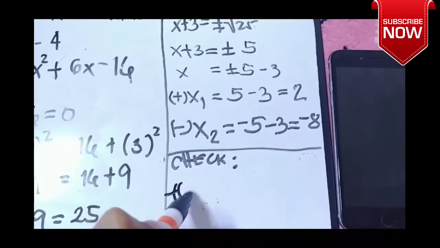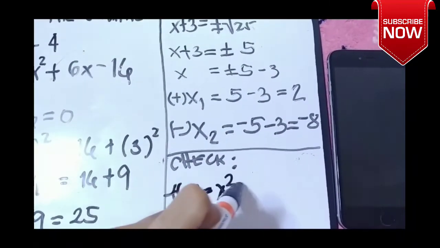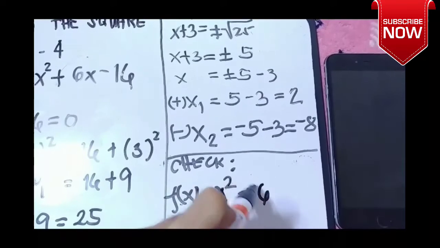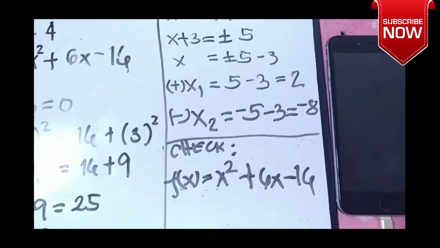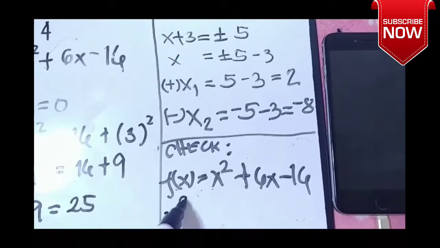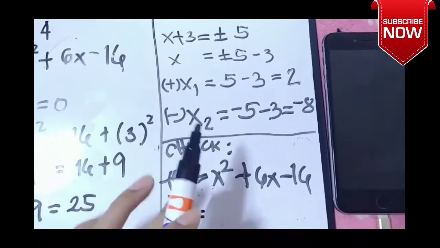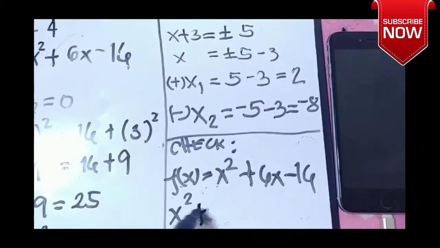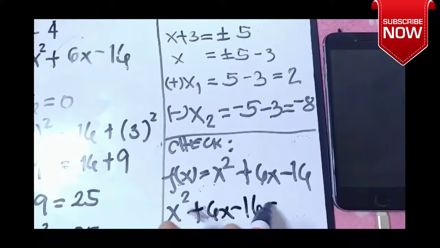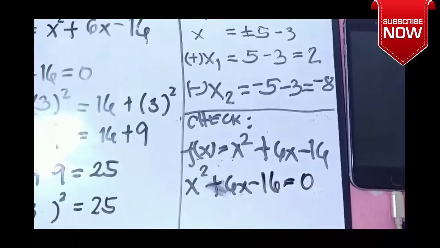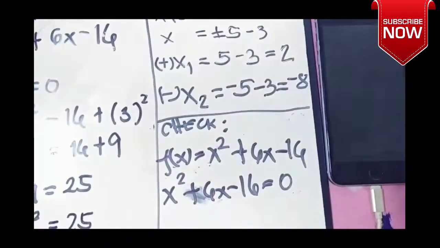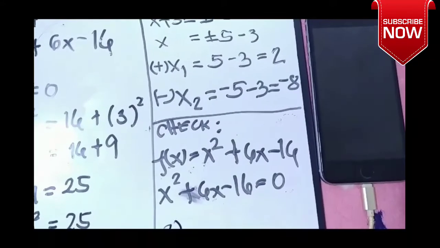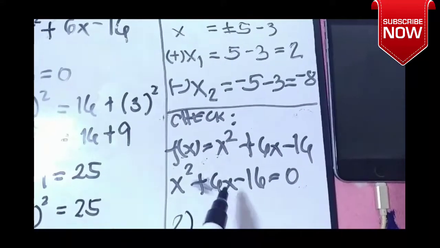From f of x equals x squared plus 6x minus 16, now we will let f of x equal 0, so x squared plus 6x minus 16 equals 0. Bale, considering the first value of x, that is positive 2, isa-substitute natin yung 2 sa lahat ng variables na x.